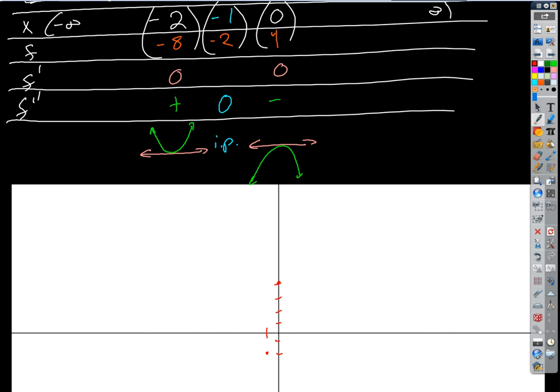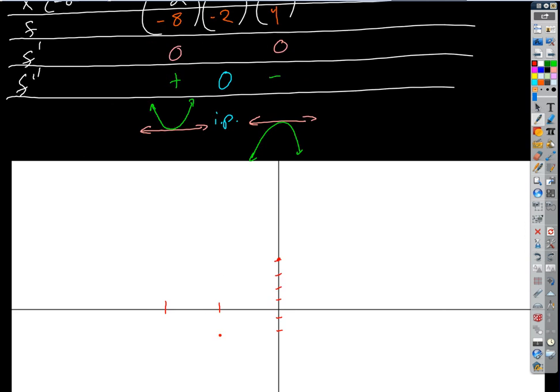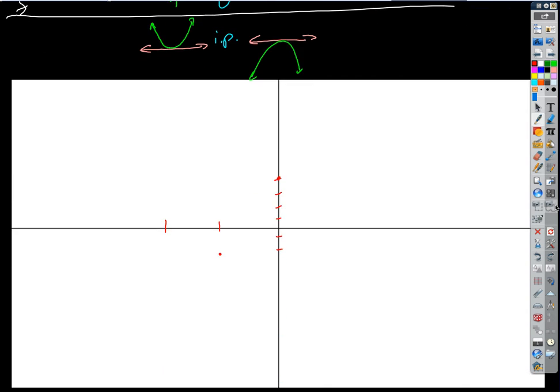Let me spread that out a little bit more. I'm going to spread the x-axis out a little bit more. Negative 1, negative 2. So that's right there. And then negative 2, negative 8. So right about there.